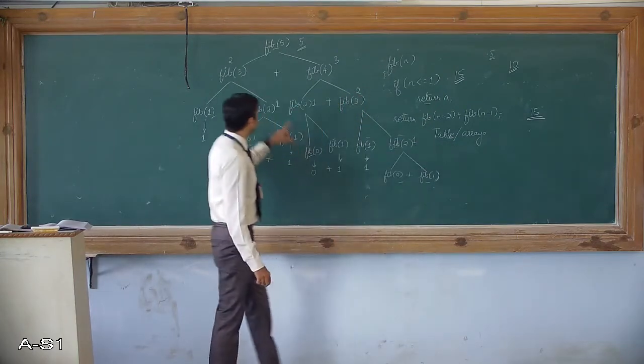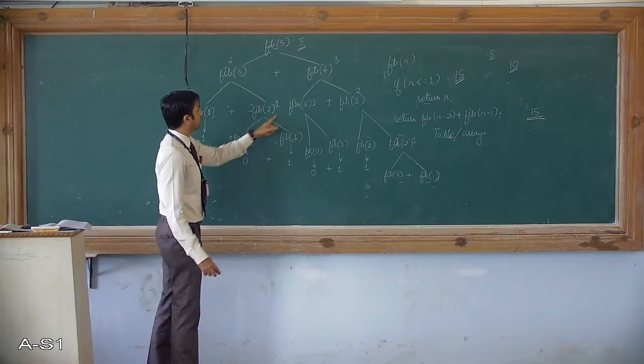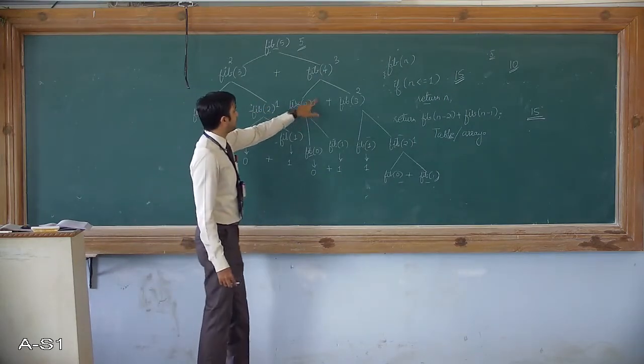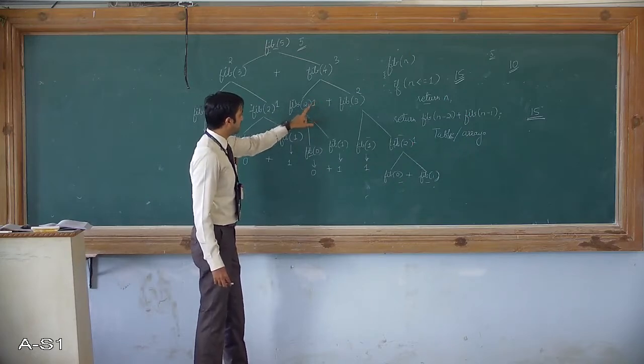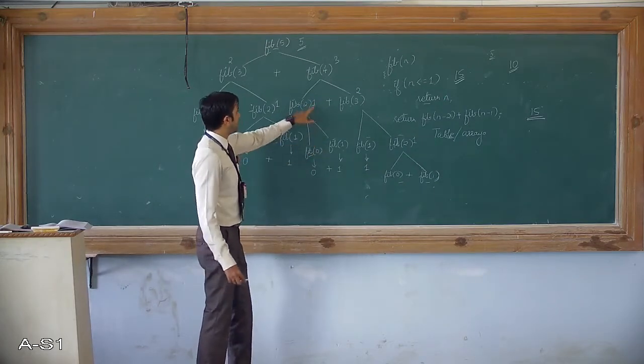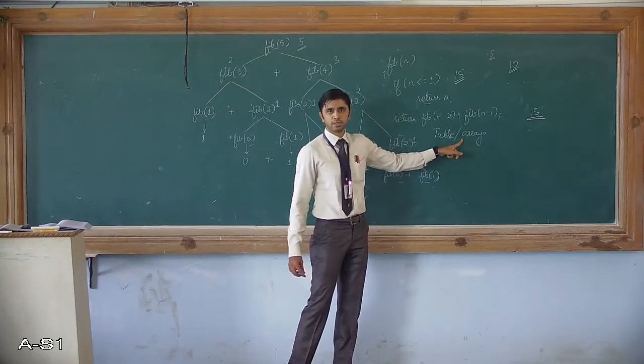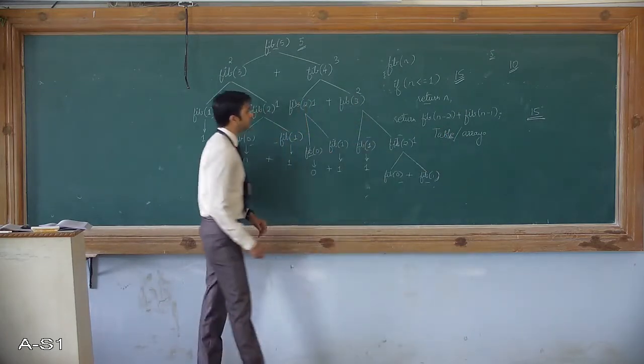Now we have calculated fib2 over here, the value of fib2 is 1. So again when we encounter Fibonacci of 2 over here, we need not calculate it again. The value 1 will be fetched from this table or this array. This is how dynamic programming works.